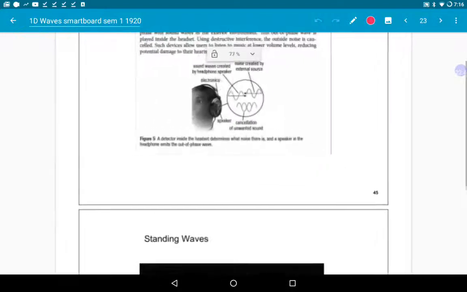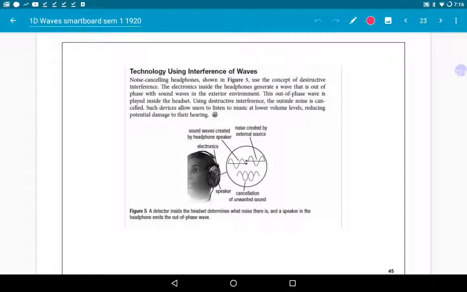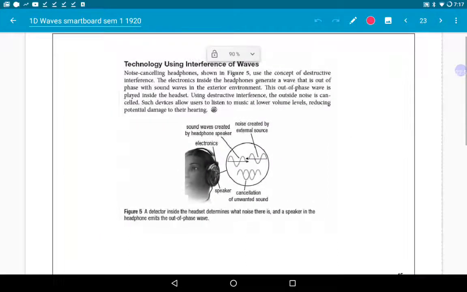All right, so this is a technology you're probably familiar with, and maybe you've never really understood how it works before, but I'm sure you've heard of noise canceling headphones. So it's a pretty good application of this understanding of constructive and destructive interference.